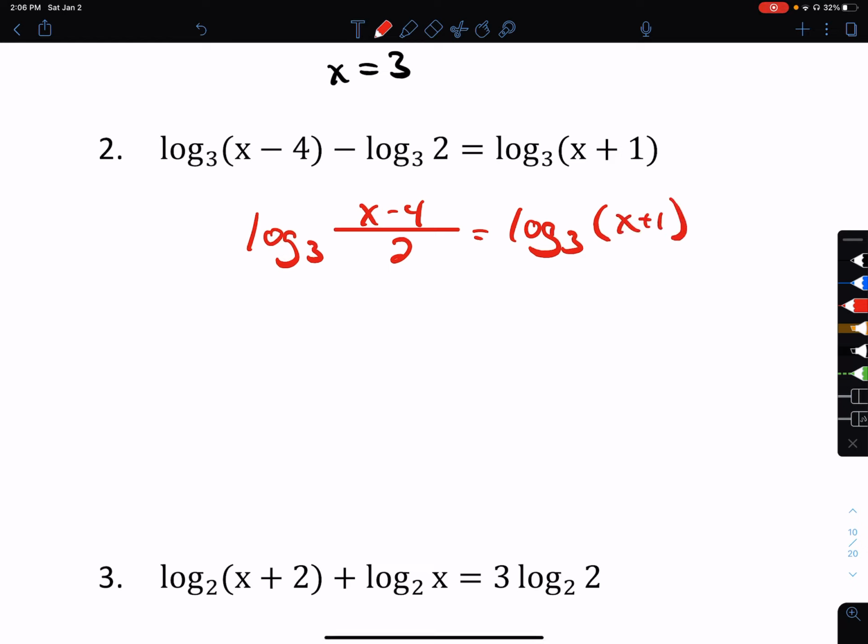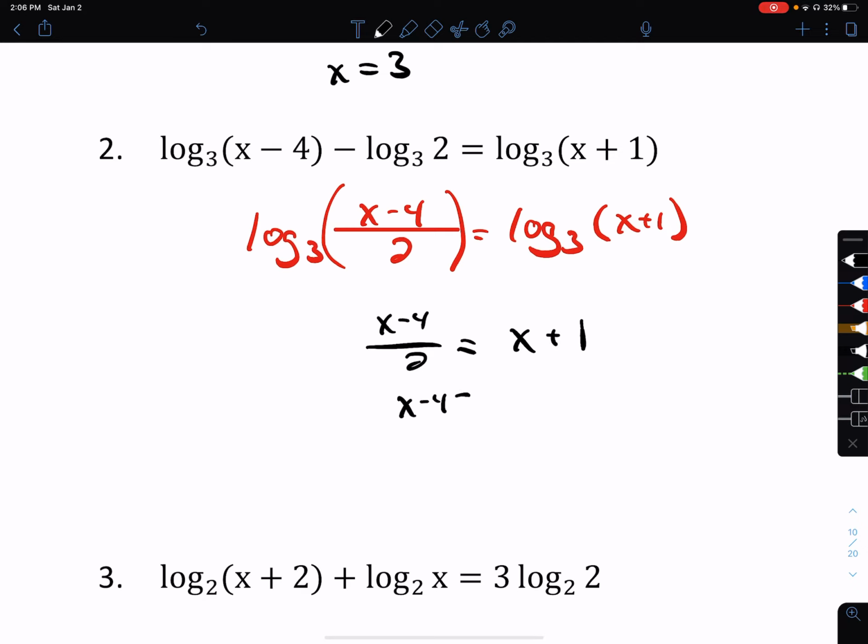Using the property of equality for logarithms, since we have a log equal to a log and they have the same base, we can set the arguments equal to each other. This is a simple algebra equation. If we multiply both sides by 2, we're going to get x minus 4 equals 2x plus 2. And then if we subtract 2 from both sides and subtract x from both sides, we get x is negative 6.